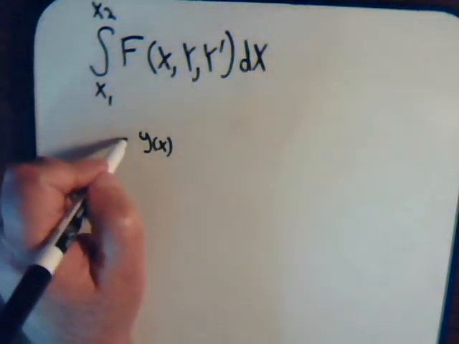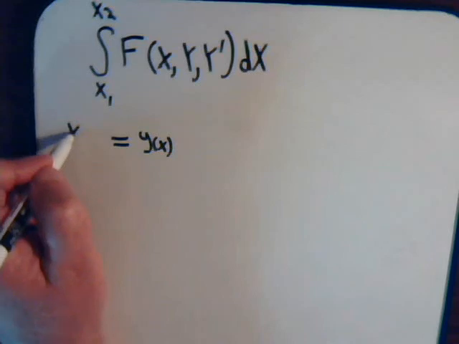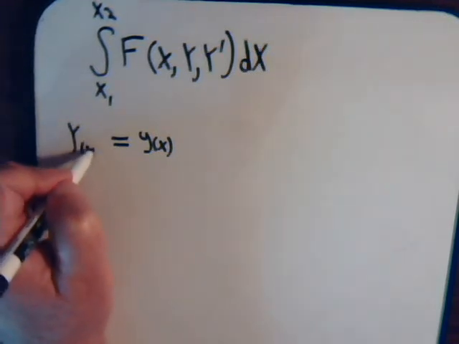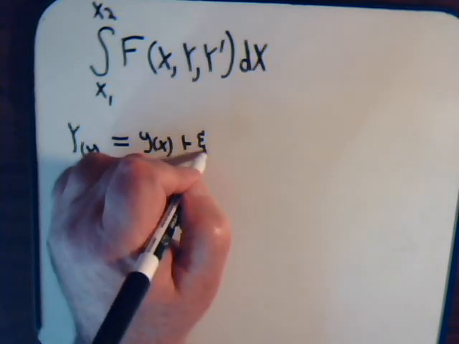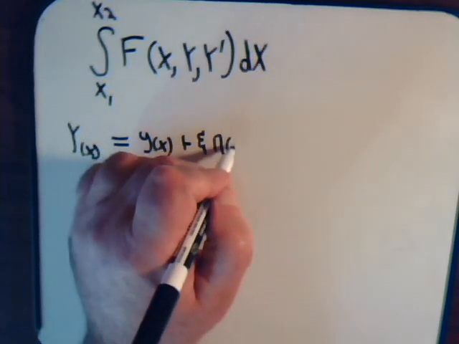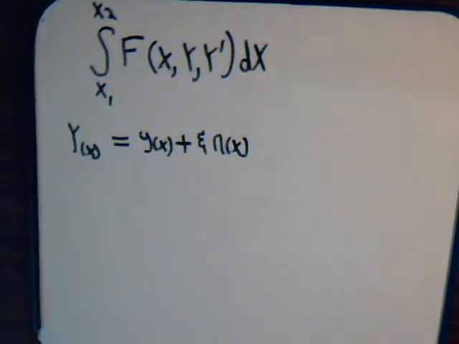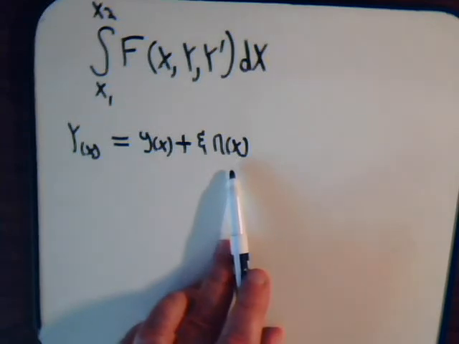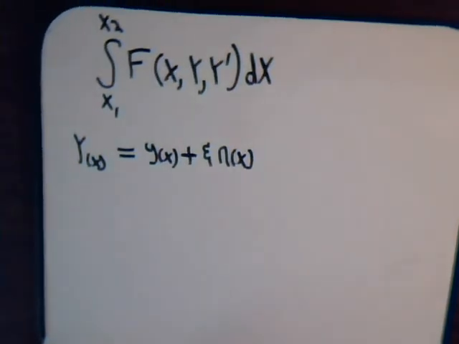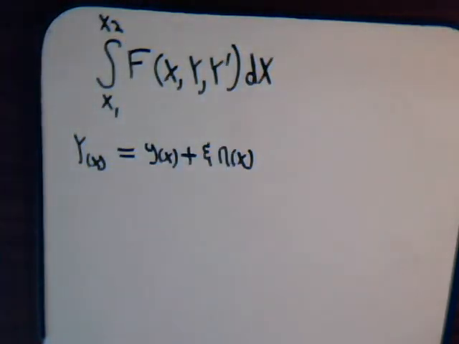And the way we constructed the big Y's, we do it exactly as we did in the previous video. It's this. And again, we explain the logic behind this and what this arbitrary function nu of x looks like, how it's 0 at the endpoints x1 and x2. We covered that in the first video.